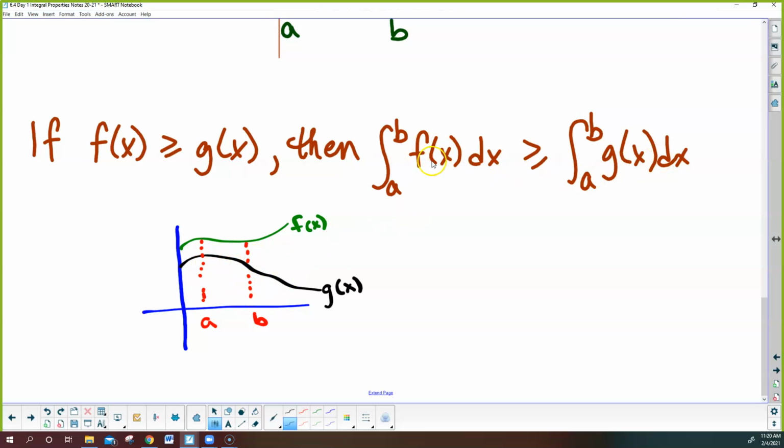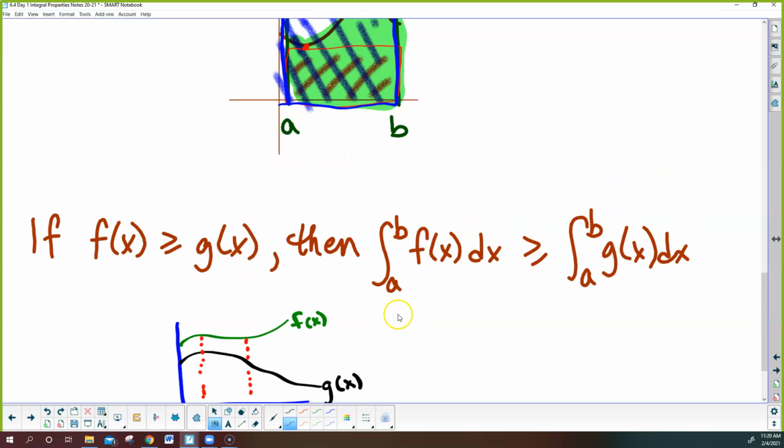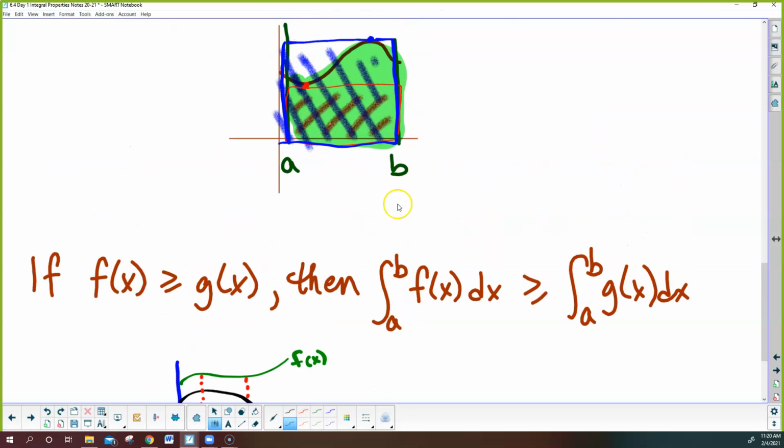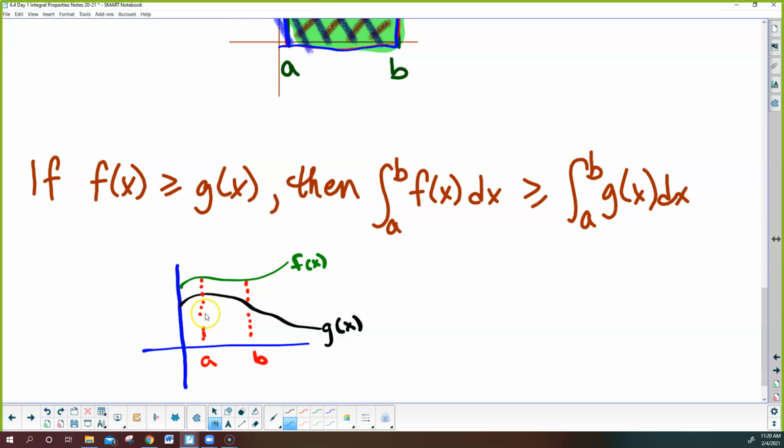Because f of x is always higher than g of x, the integral will be greater. And that's just wrapping our heads around this idea of a max and a min, high point, low point, area under the curve.